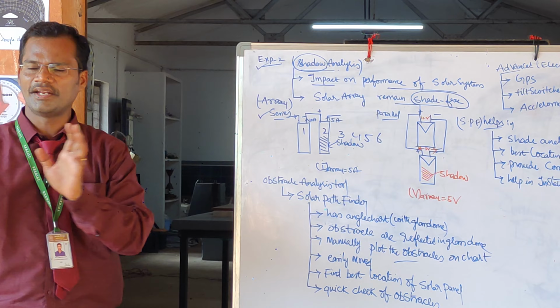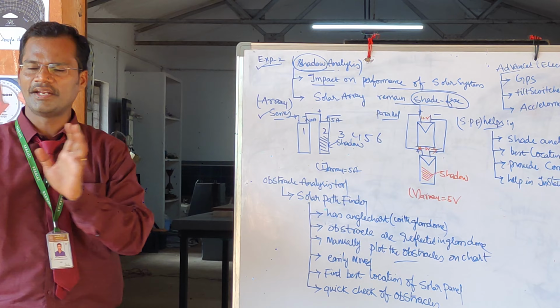So you should be able to identify which area is shadow free, and the remaining 3/4 area may be covered in shadow. So this helps us to find out the shadow free area, and to identify the impact the shadow is going to create. That's what this shadow analysis will help us with in the installation of a solar plant.